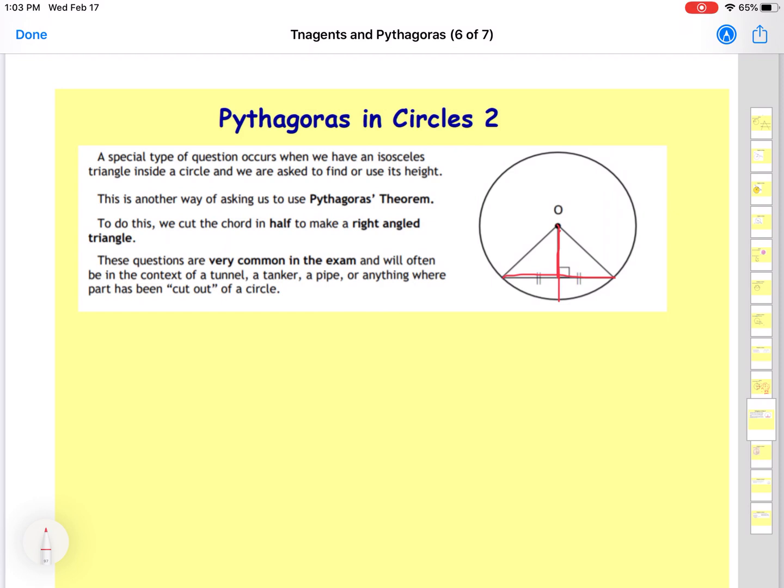In addition to that, we know that another radius is along both those diagonal lines as well. And we can use all of these different facts when we know some of the lengths of these sides to be able to use Pythagoras' theorem and calculate various missing lengths.